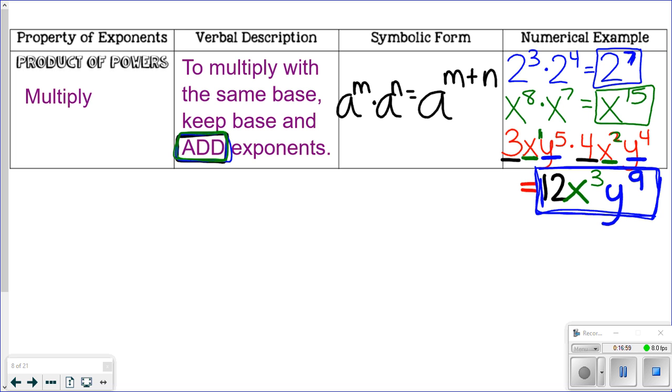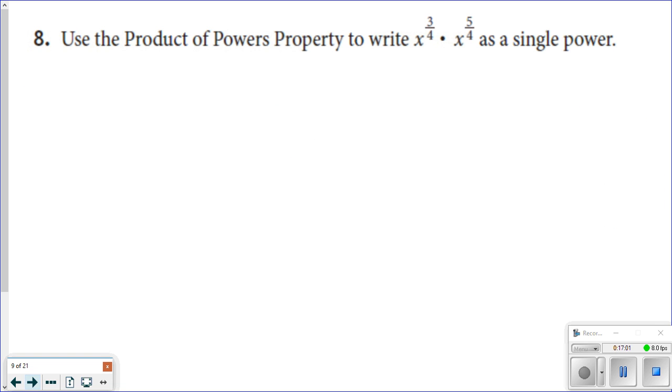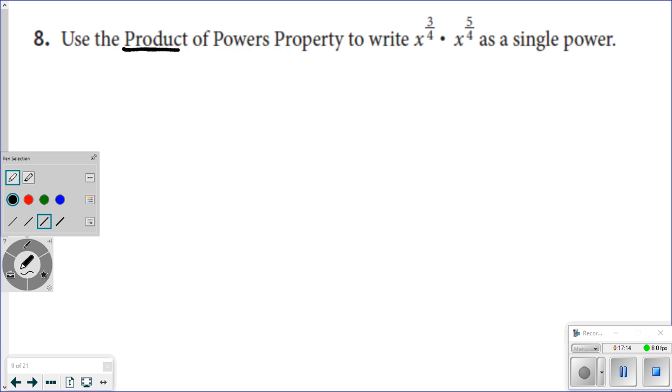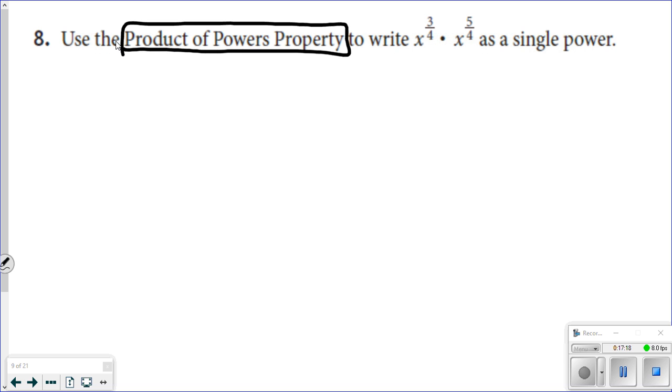Okay, now we're going to move back into our book. Question 8 on page 288. I'm going to walk you through this. So it says use the product of powers property that we just covered in the table and in our organizer to write x with a fractional exponent times x with a fraction as a single power.